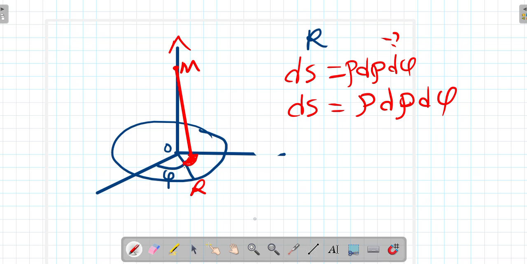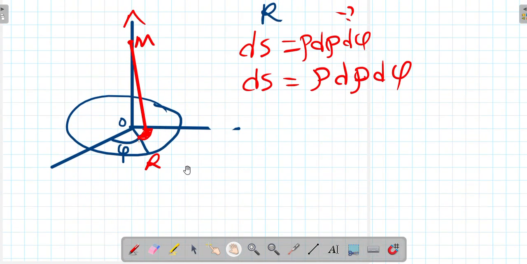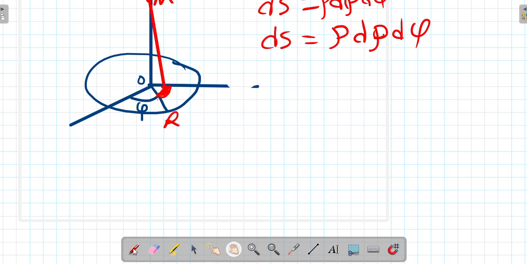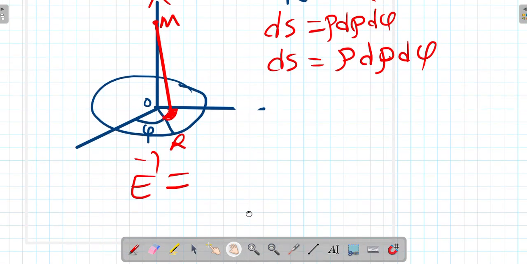Now you apply the actual formula for E. What is E, the electrostatic field, by definition?